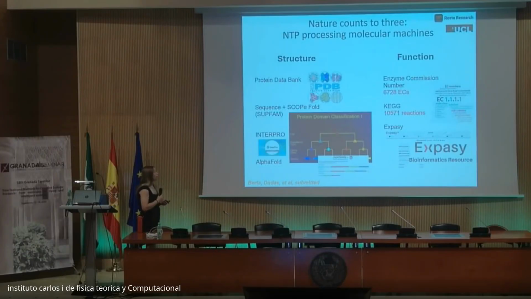To do that, we wanted to look at both the structure of these enzymes and also the function. So we had to look at different data quantities. We can take the Protein Data Bank, which has all of the experimentally resolved crystal structures, but we also have additional resources which characterize these in terms of their fold, and we can also generate structures of unknown sequences using AlphaFold or Boltz or other similar machine learning based methods.